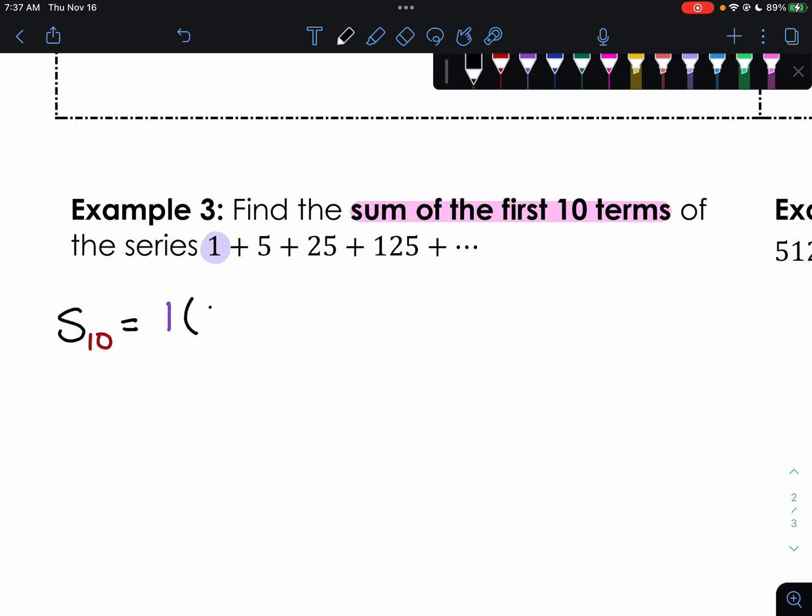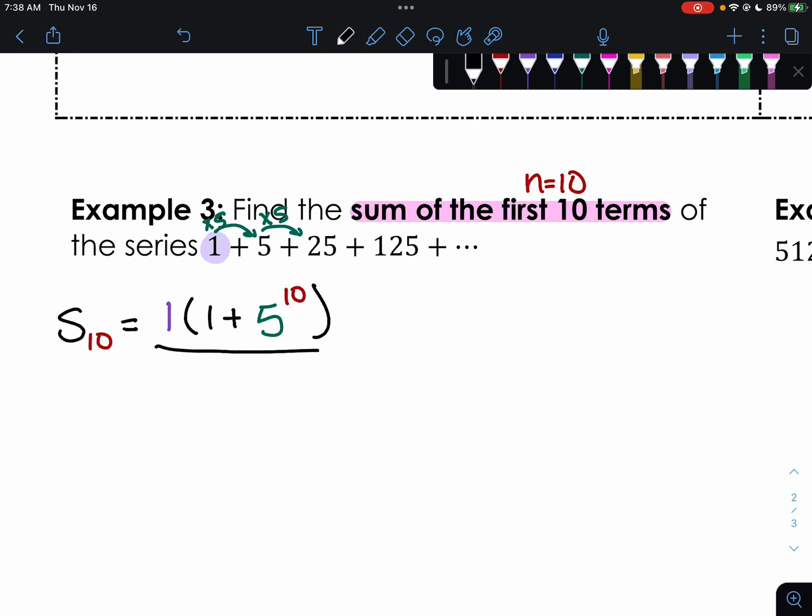times 1 plus my common ratio. So to go from 1 to 5, I multiplied by 5. If I keep multiplying by 5, I do get the next term. So my common ratio is 5. It is being raised to the n power, which n is 10.